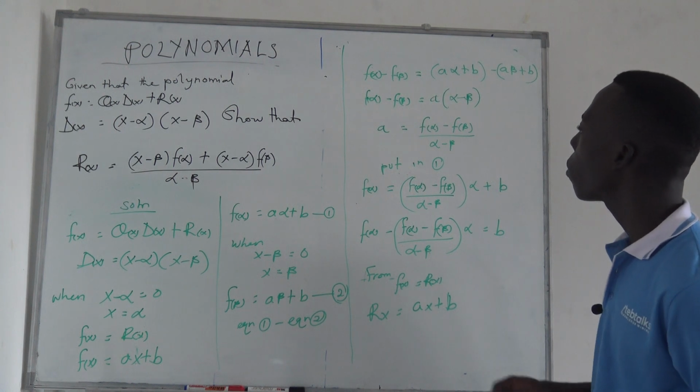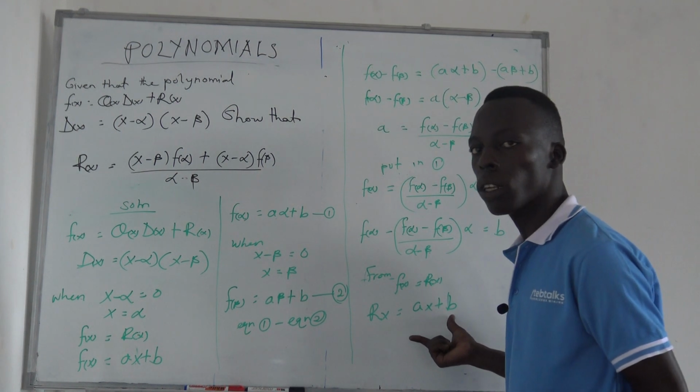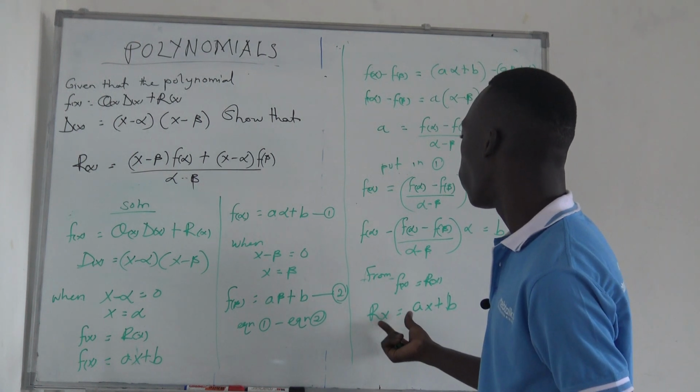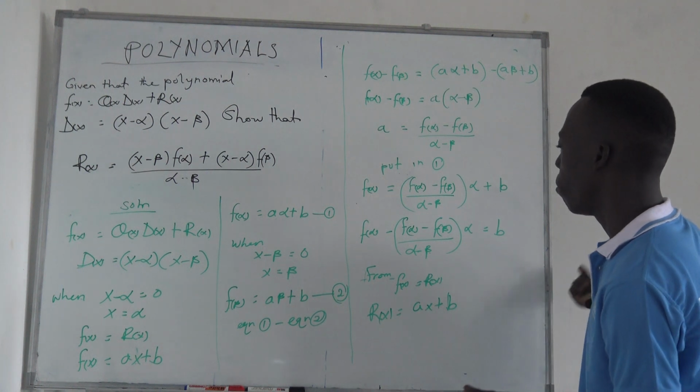So we are going to substitute in the equation for the remainder, and get the value of the remainder by substituting the values of a and b.